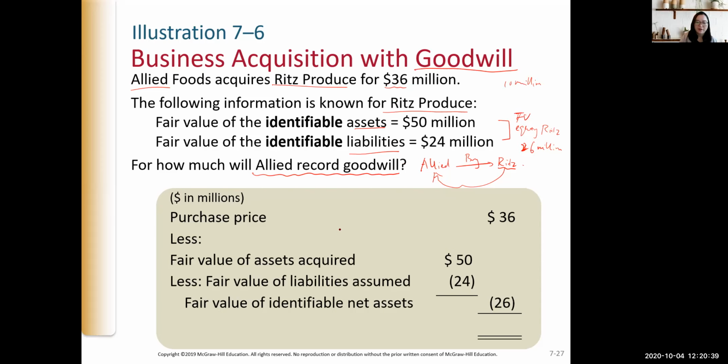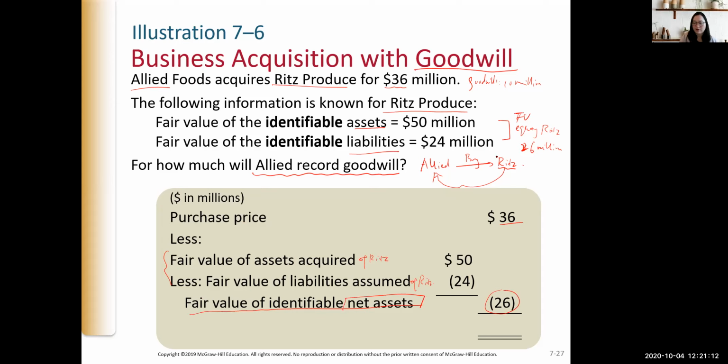Okay, so therefore there is goodwill generated of 10 million for Ally Foods. So the purchase price of 36 million minus the fair value of assets acquired of Reed's, and less the fair value of liabilities assumed of Reed's, gives us 26 million of the fair value of identifiable net assets.